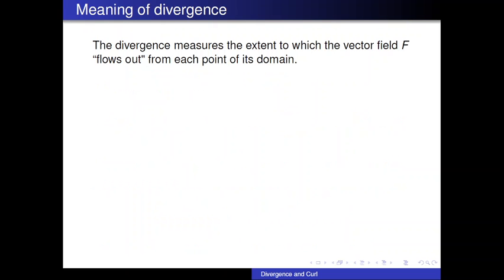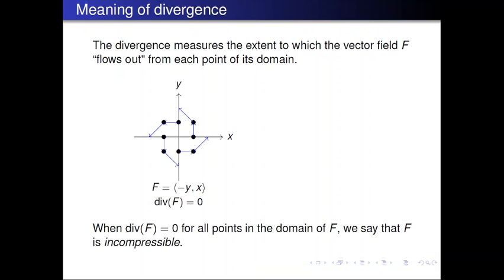Okay, so what is this divergence thing? Well, what it tells us is the extent to which a vector field is flowing out from each point of its domain. Recall our most favorite example here, the vector field that swirls in circles around the origin.